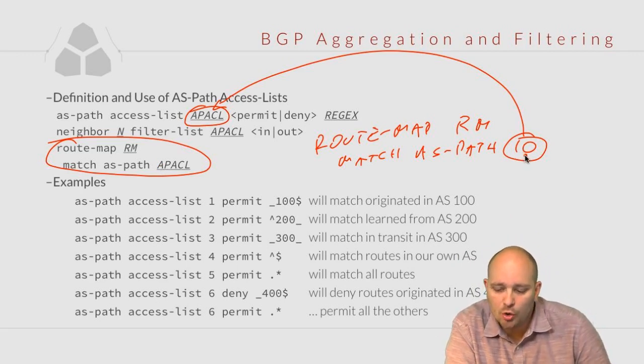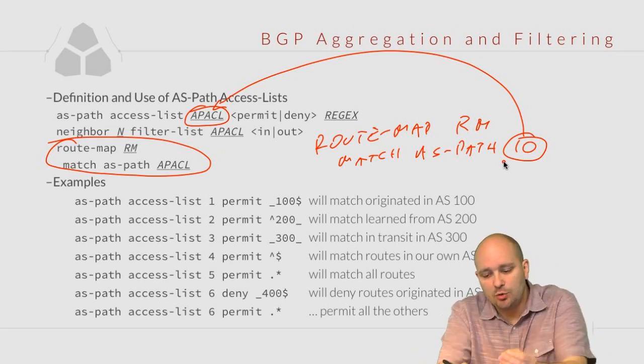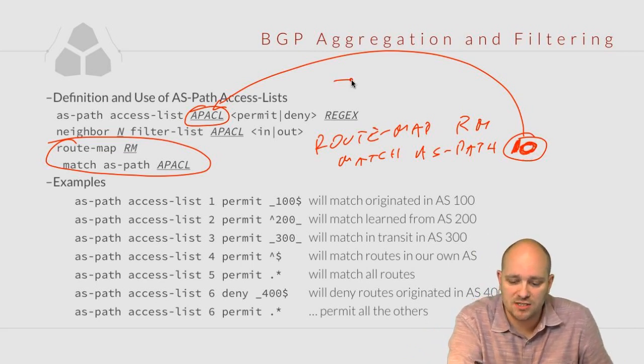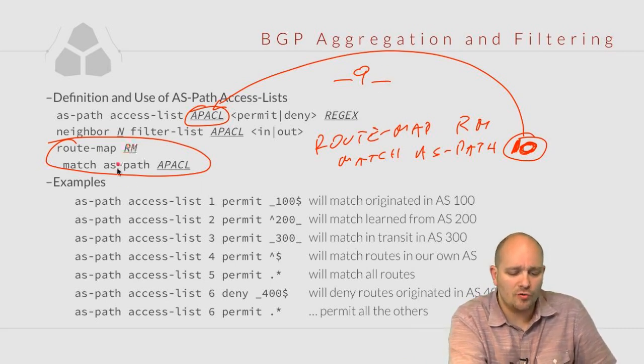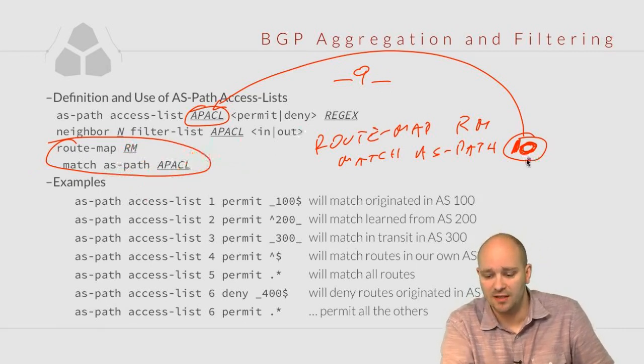So be on the lookout, because when you are taking, for example, some Cisco exams, they could define an AS path access list 10 that actually matches, for example, 9. And they say, okay, configure your route map to match the access list, to match the autonomous system 10.